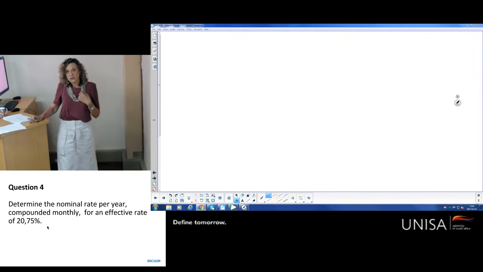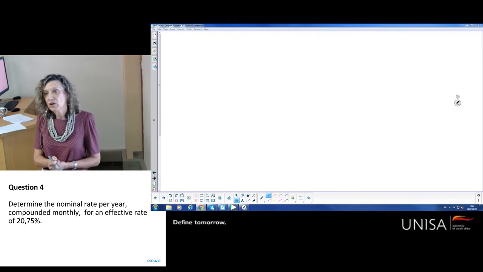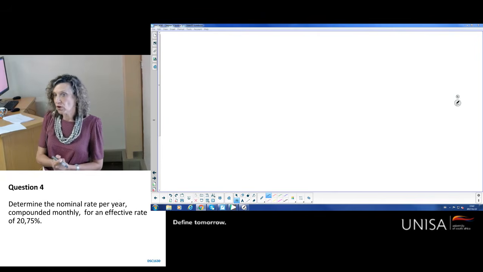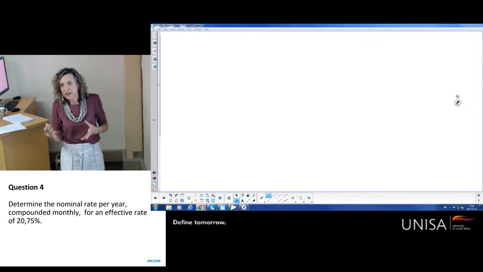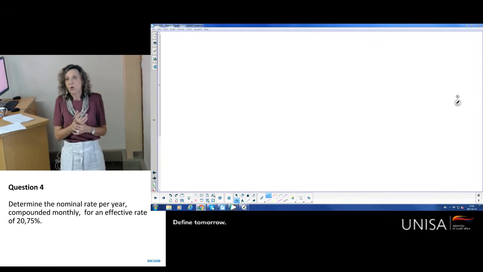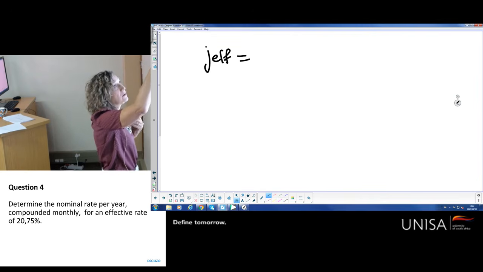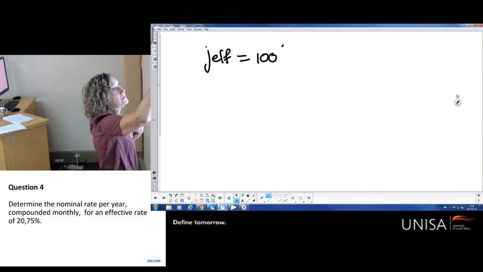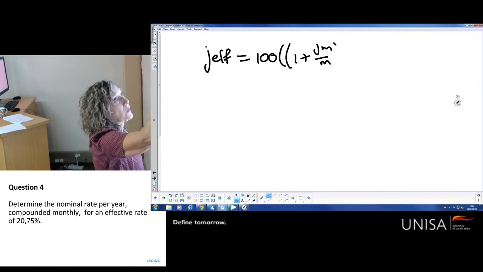Right, last question. Determine the nominal rate per year compounded monthly for an effective rate of 20.75%. Again, what is the ID word? Effective rate. But they now want the nominal rate. So the moment we see effective rate, we write down our formula. Oops, sorry.